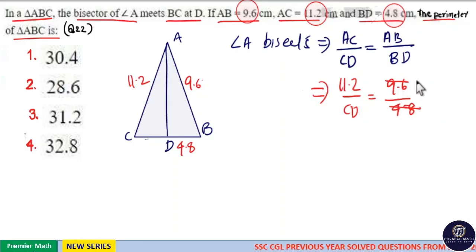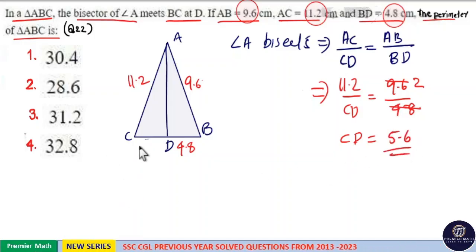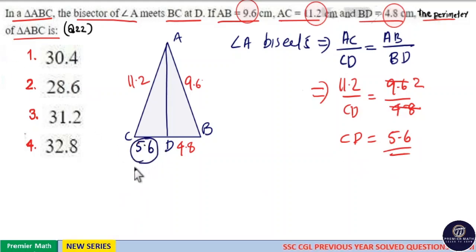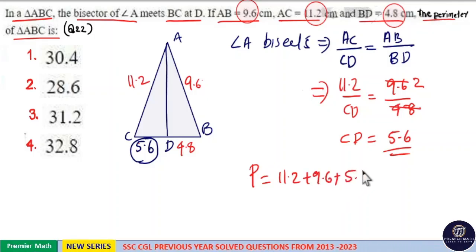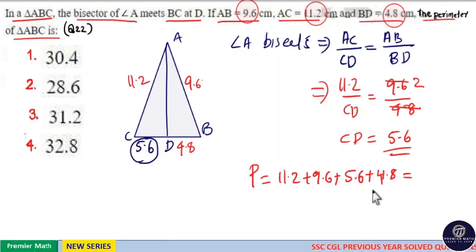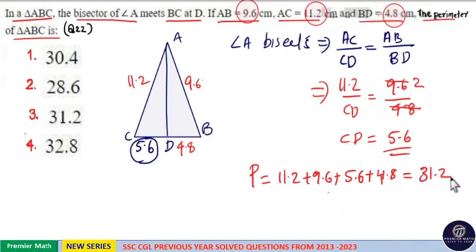Now 4.8 goes 2 times in 9.6, which means CD is equal to 11.2 by 2, which is equal to 5.6. Then perimeter is equal to total 11.2 plus 9.6 plus 5.6 plus 4.8, which is equal to 11 plus 9, 20 plus 9, 29, 29 plus 1, 30, 30 plus 1.2, 31.2. So option 3 is your answer.